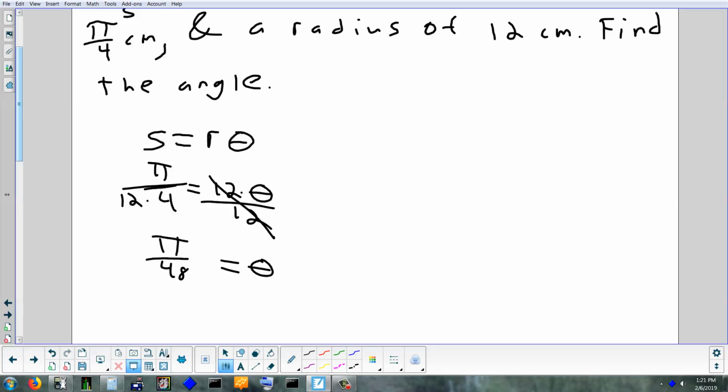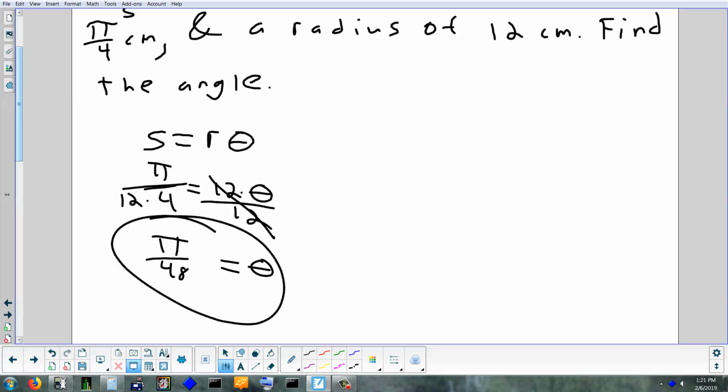And that's an angle. So what's the units on that if it's an angle? Okay? That's radians, yes. Remember, this formula automatically gives you an answer in radians. If you don't want radians, you've got to change that to degrees. But this formula gives you radians. So do I need RAD?